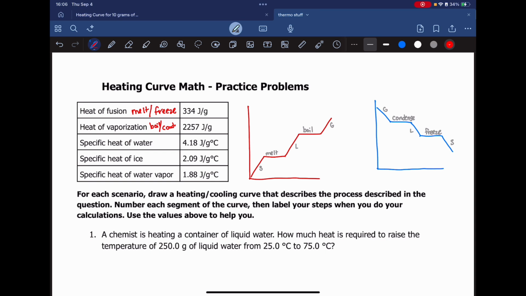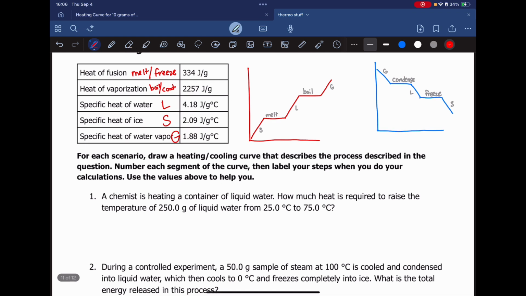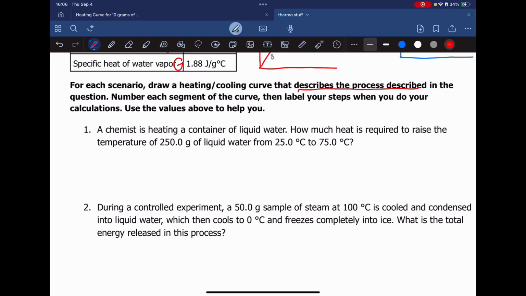Specific heat of water is used when we are in a liquid state and changing the temperature. Specific heat of ice is for the solid state, and specific heat of water vapor is for the gas state. Now for each of these questions, I'm going to start by drawing the segment of the heating or cooling curve that describes the process. In the question, we'll number each segment and then label my steps to do my calculations. So let's just jump in.